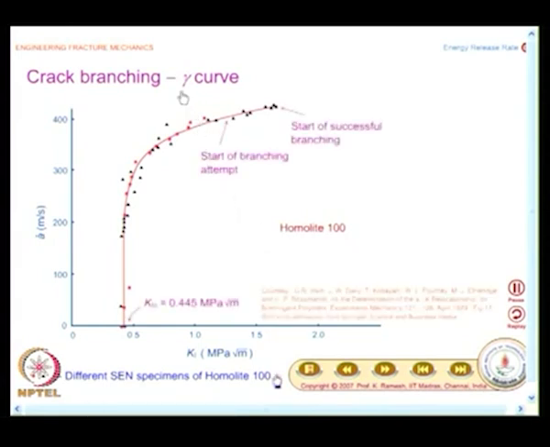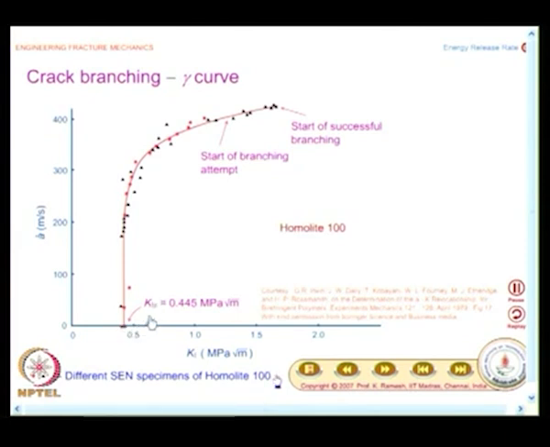And do not confuse this gamma with your surface energy. What this graph shows is you have stress intensity factor on the x axis, and on the y axis crack speed, A dot, is mentioned, and you have data from two different specimens, and the crack is allowed to propagate.